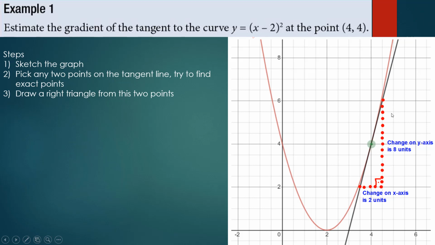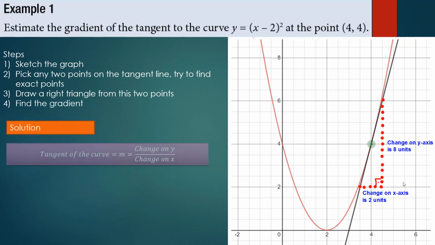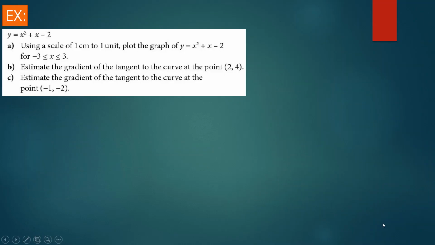As we see here, the change in y is 8 units, or 8 squares, because we accept that each square is 1 unit, and the change in x will be 2 units. To find the gradient, we just need to take the ratio as given in the definition, change in y over change in x. The change in y is 8 units over the change in x, which is 2 units, and the gradient will be 4. So let's go to another question.